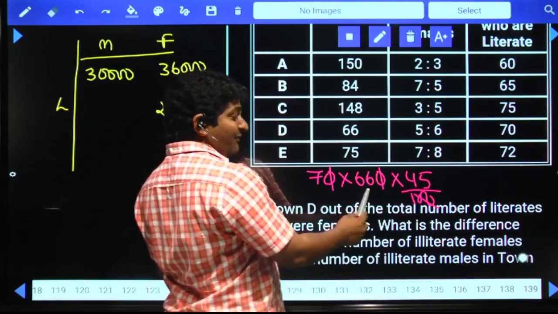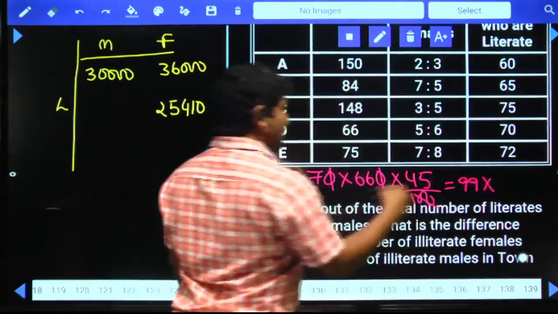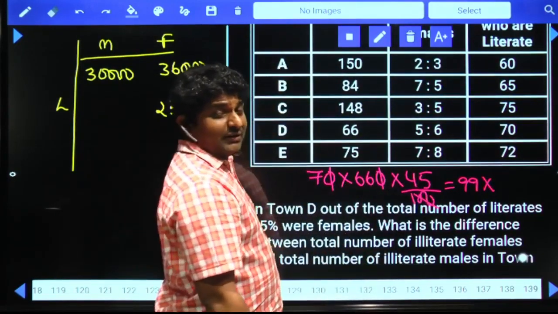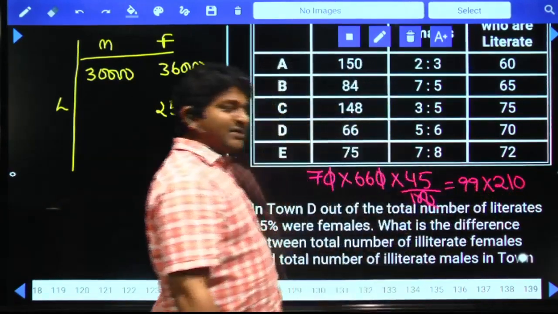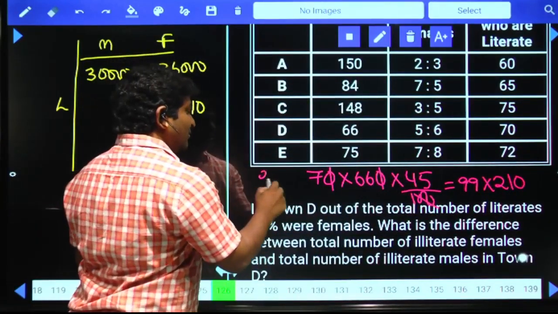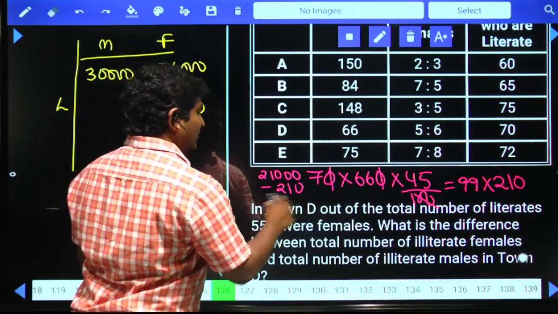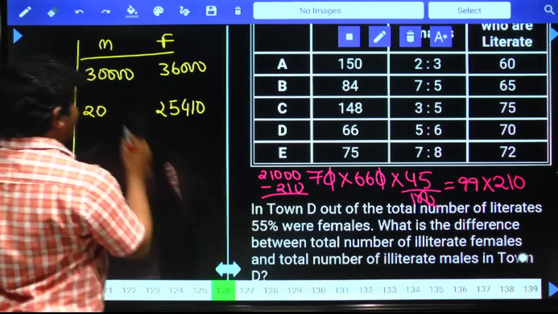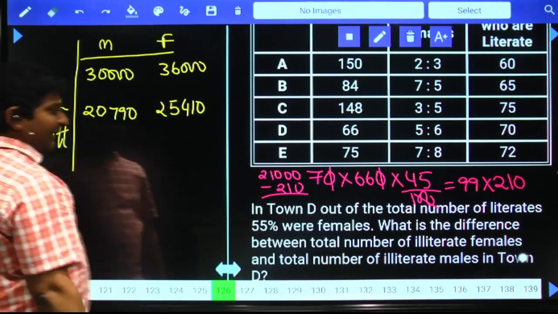I will take 11 here, 9 here, that is 11 into 9, 99 into the same number. 7 into 6 into 5, which is equal to 210. 210 99 times is equal to 100 times minus 1 time. 100 times is 21,000 minus 1 time is 210. Total value 20,790. Now your question is about illiterate.